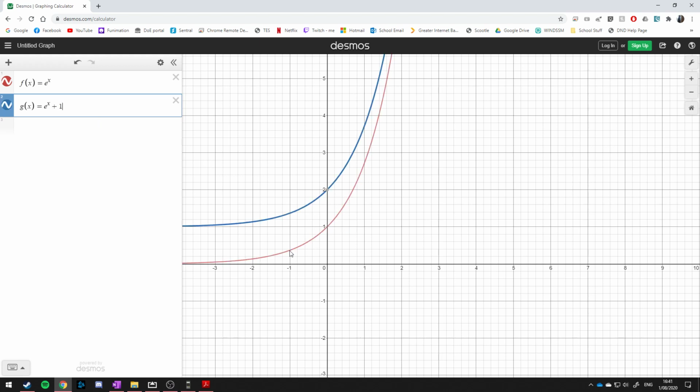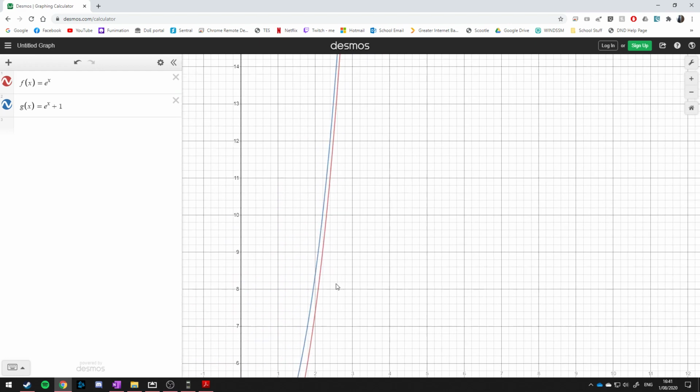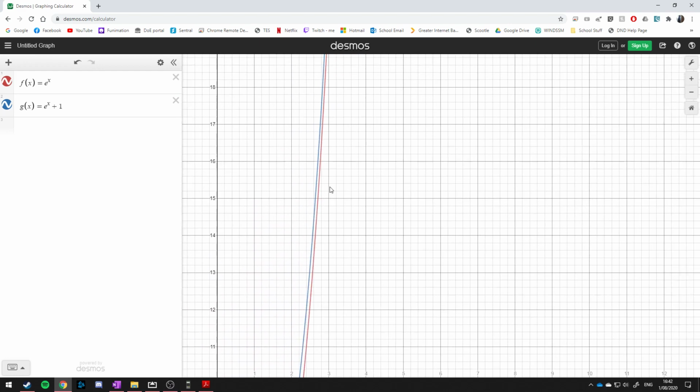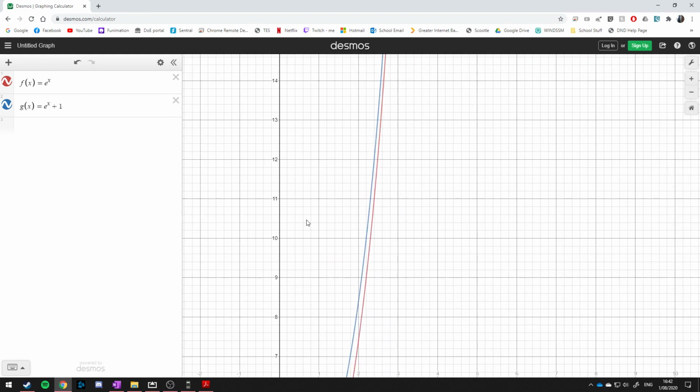So it just moves every single point up exactly 1. As you can see, the gaps are all the same. It just looks like it gets smaller and smaller as you go further up, but the gap is still 1. It's just that the horizontal gap gets smaller and smaller as it increases.